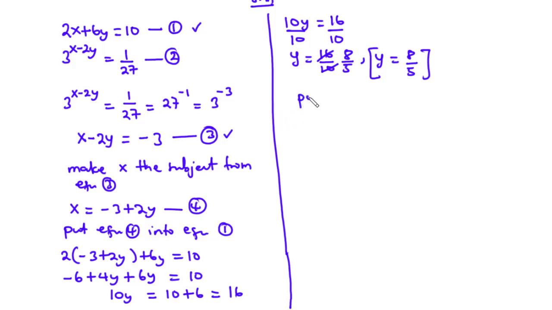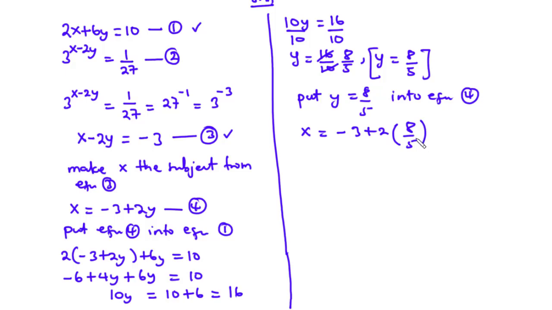Now we put y equals 8 over 5 into equation 4. So that is x equals negative 3 plus 2 times 8 over 5. This becomes negative 3 plus 2 times 8 is 16 divided by 5. Let's find the LCM between 5 and 1.